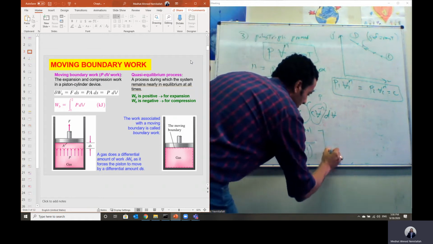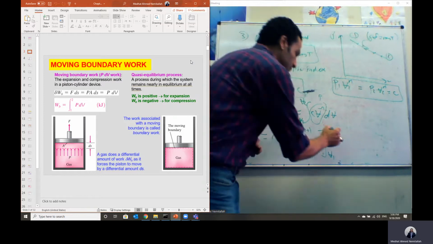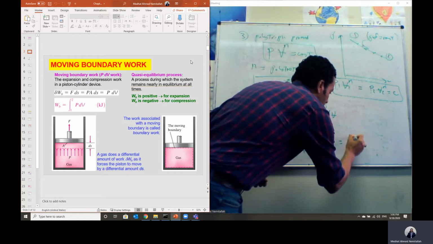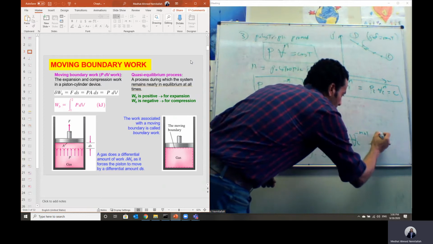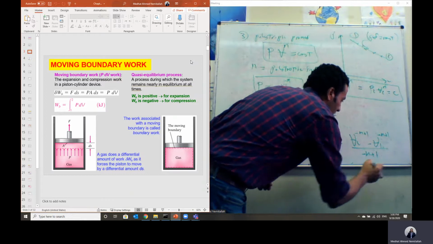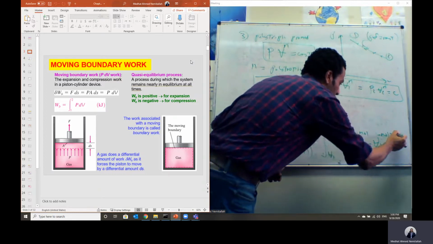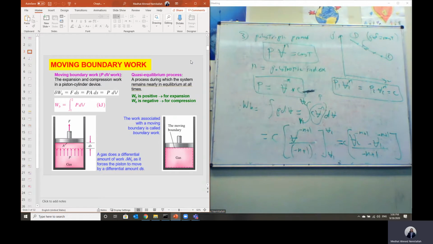This integration is done from volume V1 up to volume V2, so it will equal V2 to the power minus n plus 1 minus V1 to the power minus n plus 1, divided by minus n plus 1. And outside here, we have the constant C.